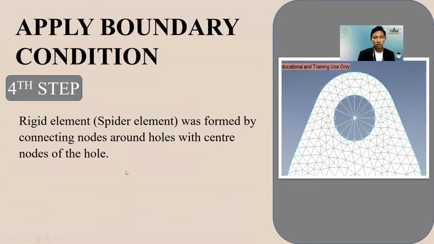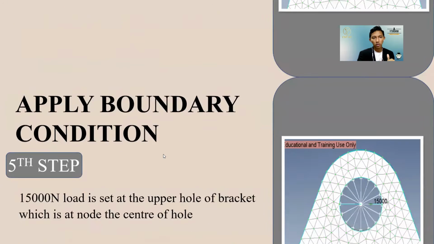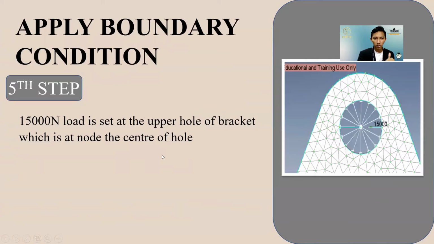The fourth step is the rigid element. As we can see from the picture here, the element was formed by connecting nodes around the hole with the center node of the hole. The fifth step is a 15,000 load is set at the upper hole of the bracket, which is at the node of the center hole.